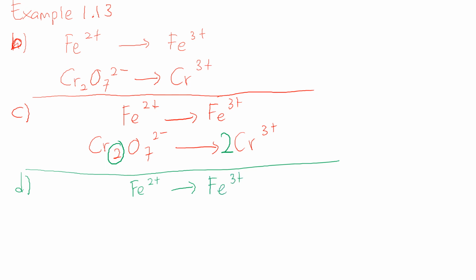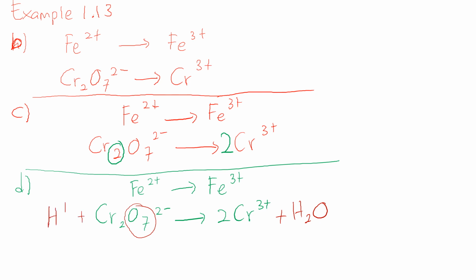But for Cr2O7 2 minus and 2 Cr3 plus, the right side has no O. So we add H2O usually at the side that has fewer oxygen. So H2O we add at the right side, and on the left side we add H plus.